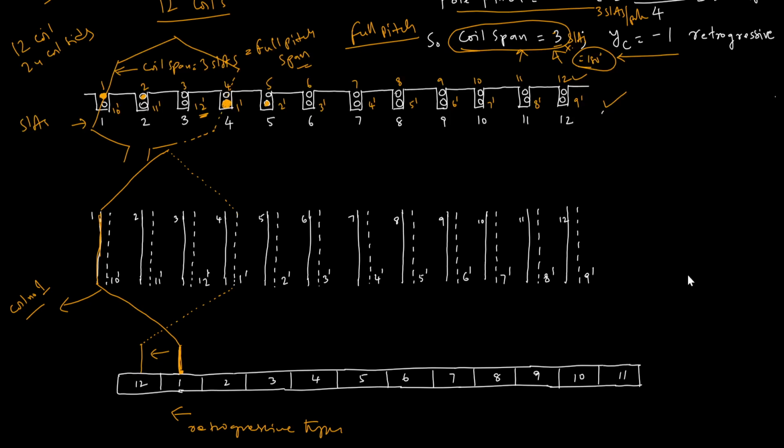Okay, I'll try to draw the other coils also. The second coil is connected between 2 and 2 dash. 2 will be connected to commutator segment number 2, and 2 dash will be connected to 1, the back side of this commutator segment.